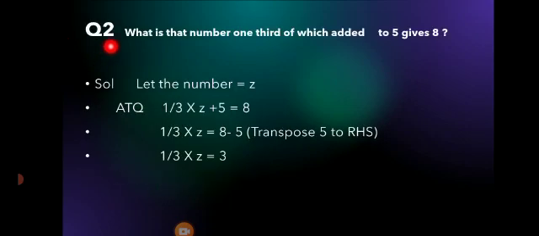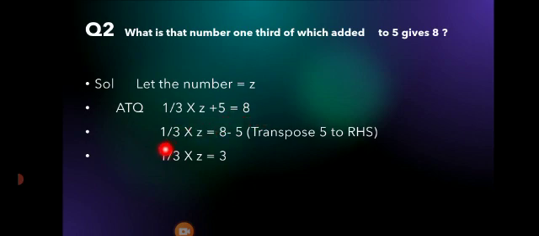See the second question. What is the number 1/3 of which added to 5 gives 8? Let's start the solution. I want to calculate the number, so I will assume let the number be z. 1/3 means 1 upon 3 multiply z. Added to 5 means plus 5, gives 8 means equals 8.